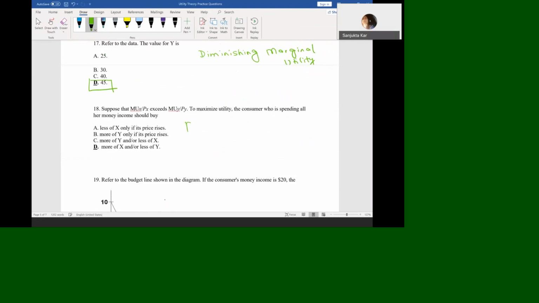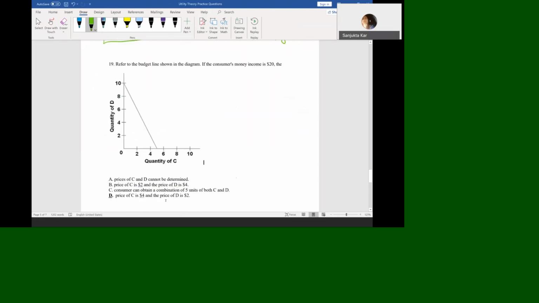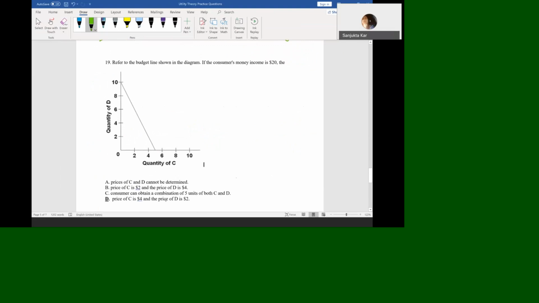This one's telling me MUX over PX is greater than MUY over PY. So the consumer will purchase more of X and less of Y. Okay, let's take a look here. For this one's the budget constraint. Consumer's income is $20. I have two anchor points here.